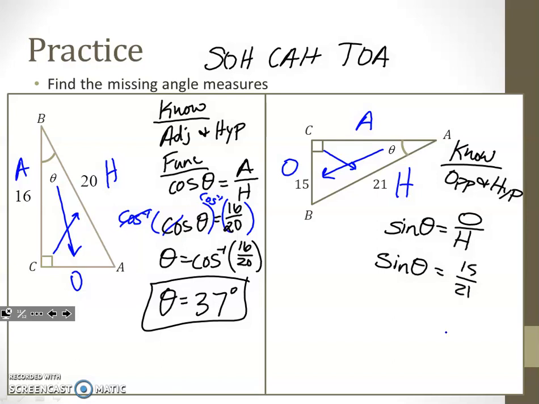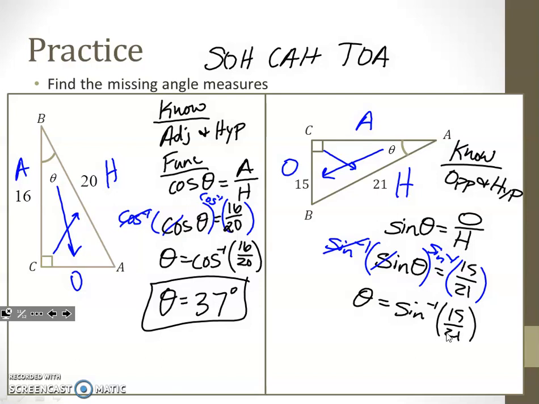To get rid of the sine, I cannot divide by sine. Remember, I'm using the inverse of sine. That's what allows those to cancel. So I've got theta equals sine negative 1 of 15 over 21.